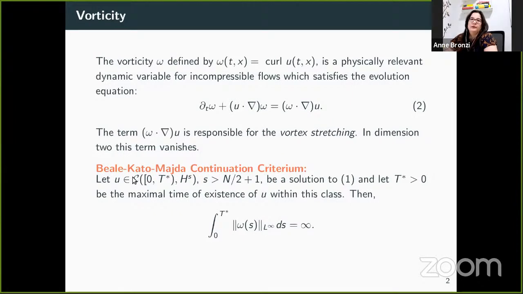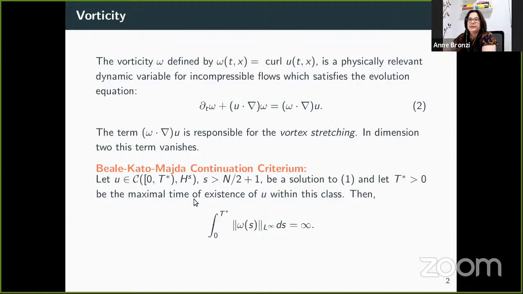Also a well-known result by Beale-Kato-Majda is this continuation criterion. If we start with a solution in H^s for s in this range here, and let T star be the maximal time of existence of U within this class, then this quantity will be equal to infinity if T star is finite.